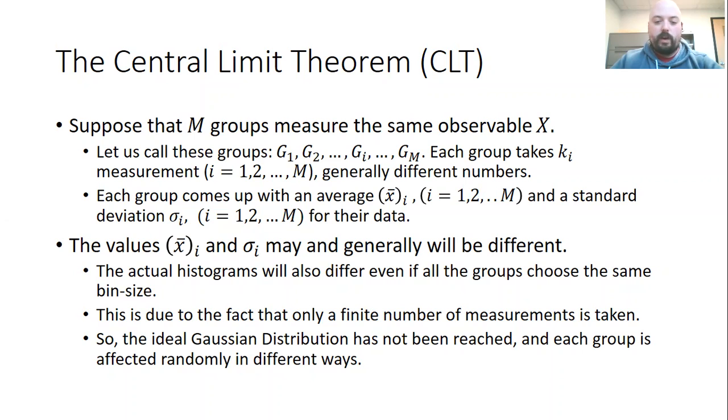This is due to the fact that only a finite number of measurements are taken. What we'll see is that if we were to do an infinite number of measurements, the distributions should actually come out to be the same. So the ideal Gaussian distribution has not been reached yet in each of the groups. It is still being affected randomly.